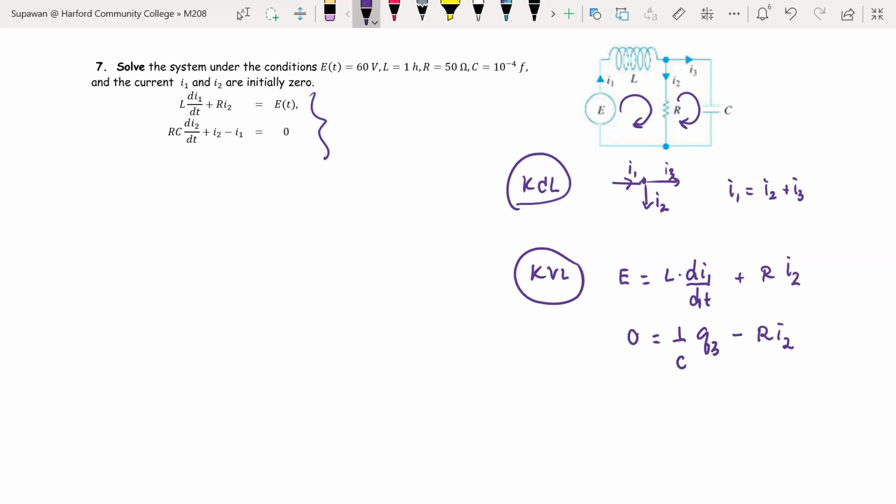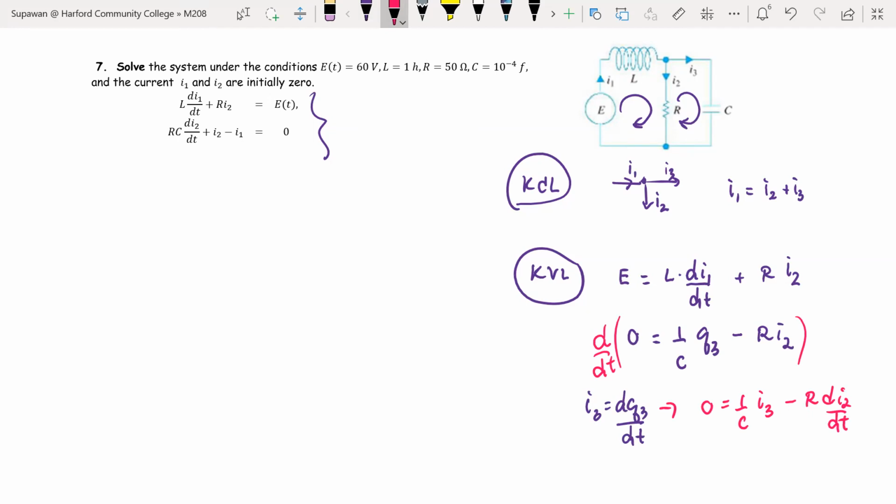And next, again, we're going to write it as the system of the I1 and I2 equations. From the relationship of I3 as the rate of change of the charge Q3 with respect to time, we're going to apply the derivative to the second equation here to be 0 equals 1 over C multiplied by I3 minus R times the rate of change of I2 with respect to T, as a second equation.